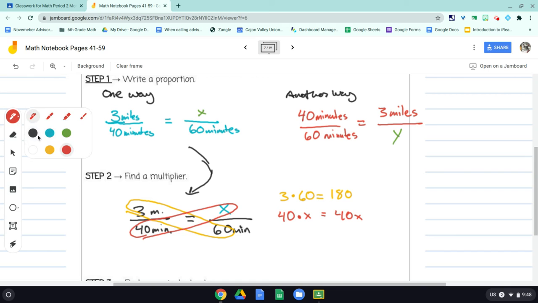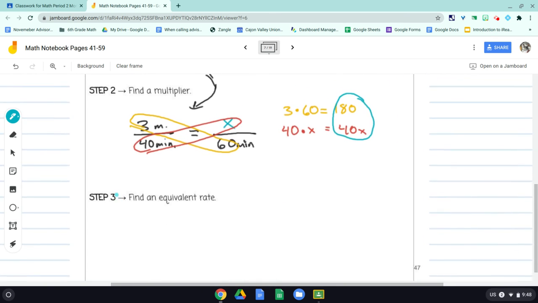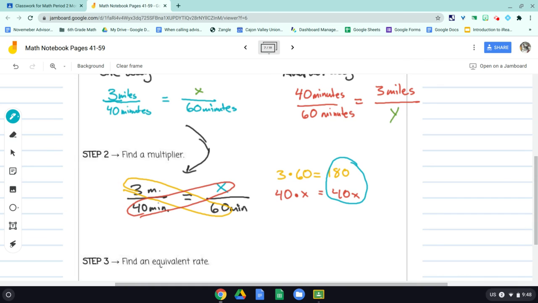I'm going to take those 2 products that I got, and I'm going to solve. Before I do that, let me step down to step number 3, find the equivalent rate. Okay, we'll do that last. So I'm going to set this up as 180 equals 40x. And to get this x by itself, I'm going to divide by 40 on both sides. This 0 gets eliminated. 4 over 4 is the same as 1, so I can just call this x.